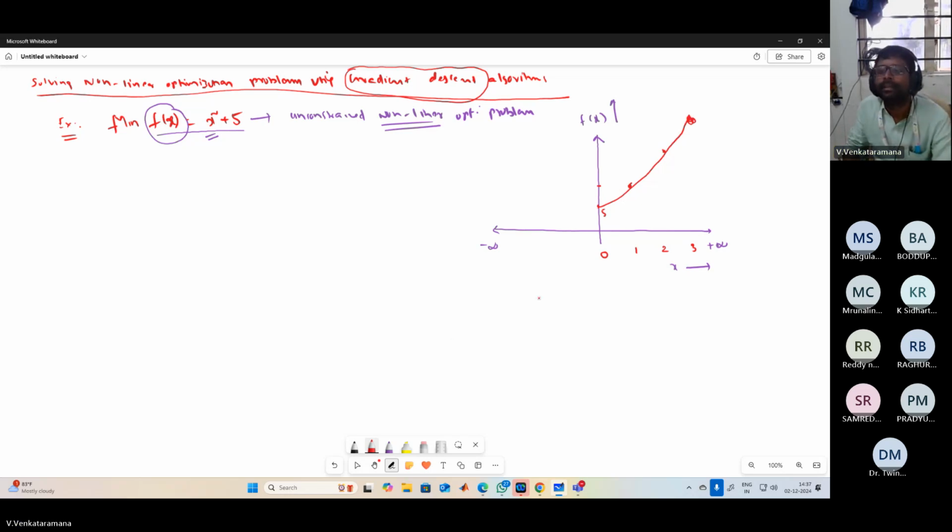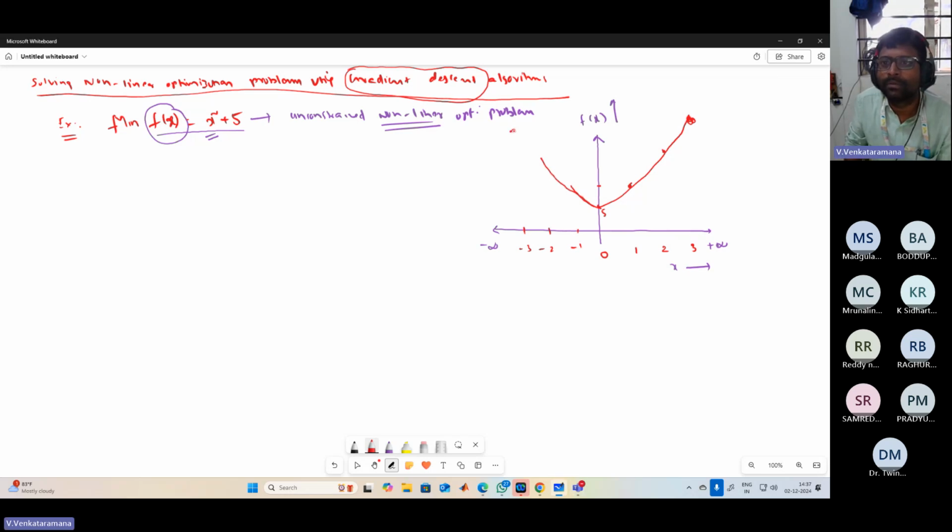Suppose x equal to minus 1, minus 2, minus 3. When x equal to minus 1, minus 1 whole square, 1 plus 5, 6. So again, it will be here only. When x equal to minus 2, whole square, 4 plus 5, 9. So again, somewhere here only. And minus 3 square, 9 plus 5, 14, somewhere here only.